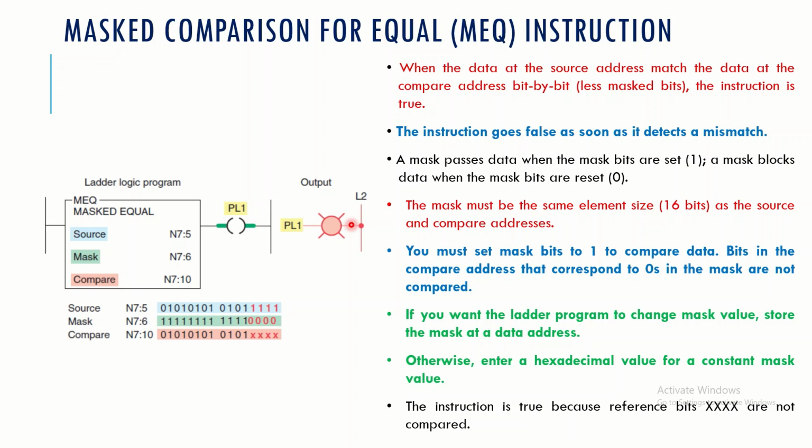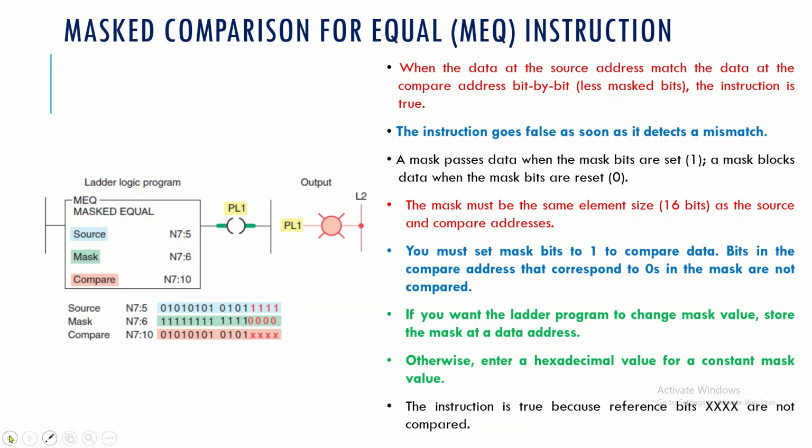So you see here that you need to identify one data address where you can store the mask, and you can call that data address whenever this mask has to be called for this MEQ operation. And similarly, if you want to change the mask, you can go directly to the data address to change the mask according to the necessity of the program.